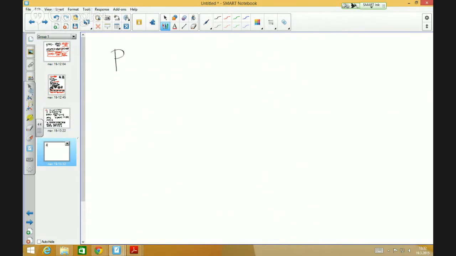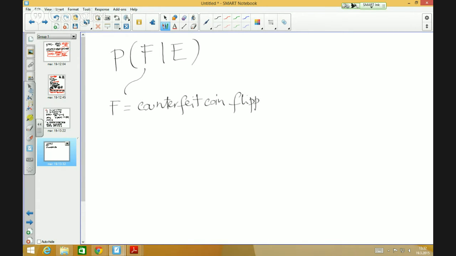So what is it that we want to compute? We want to compute, again, a conditional probability of 2 events, where event F means counterfeit coin picked, and E is the event head, head, head.